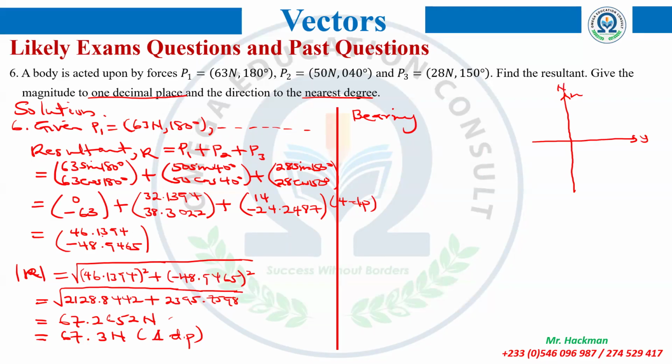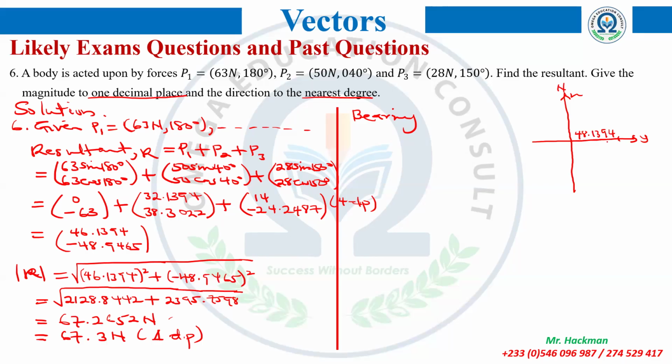With this vector, the x component is positive, so you move that unit in the positive x-axis. The movement is 46.1394. Are you following?